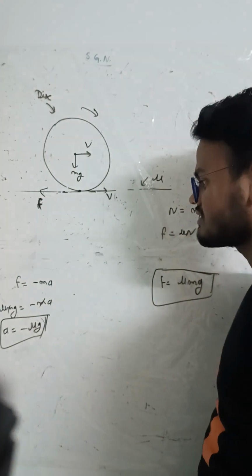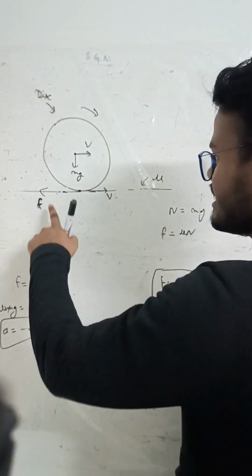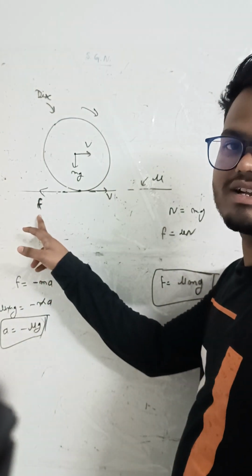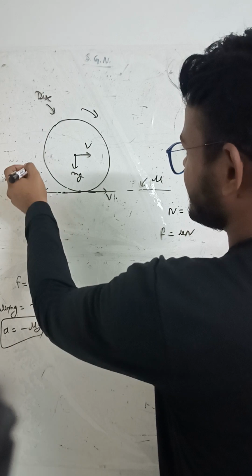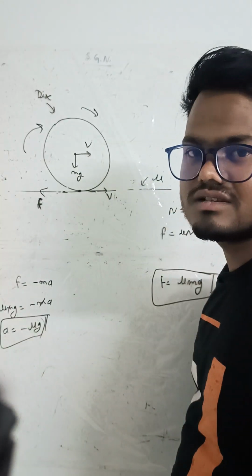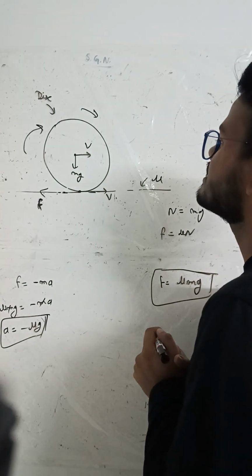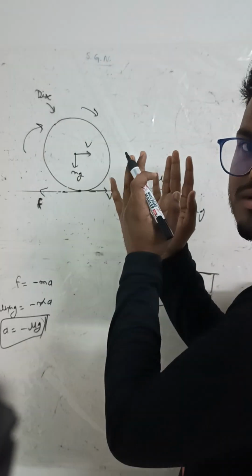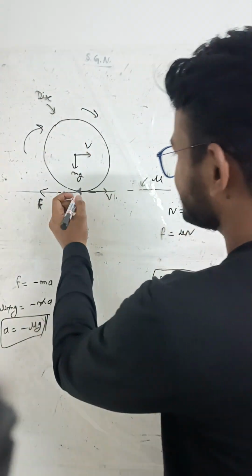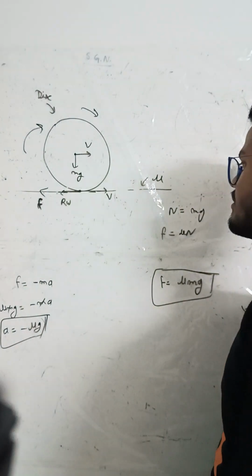Now the second equation, for the torque. Here only the friction force is providing a torque, in the clockwise direction. Let's suppose the clockwise direction is positive, because when this body rotates clockwise, there will be a tangential velocity equal to r omega.